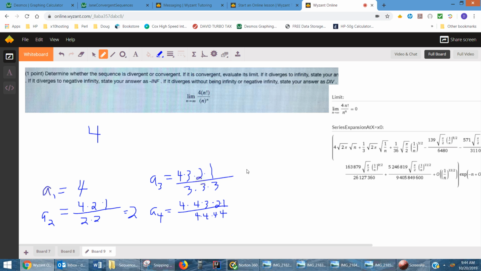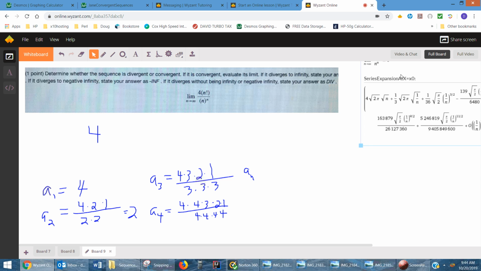So a sub n, I could perhaps rewrite this way. It equals 4 times n factorial, which is n times n minus 1 times n minus 2, and I'll keep going till I get to 1.